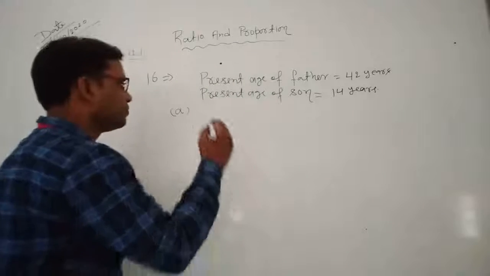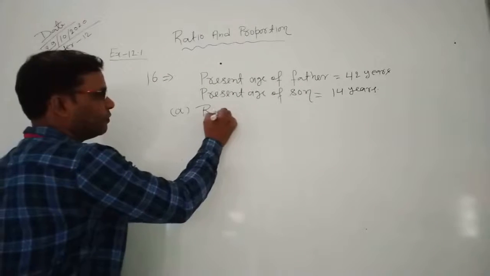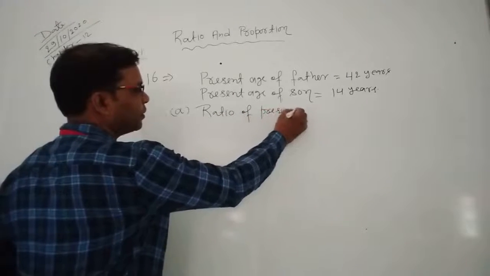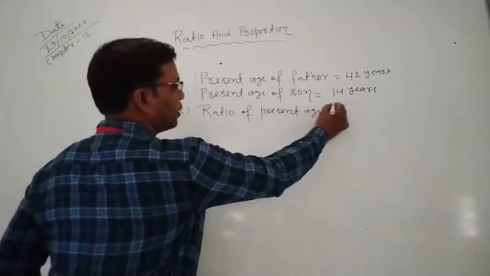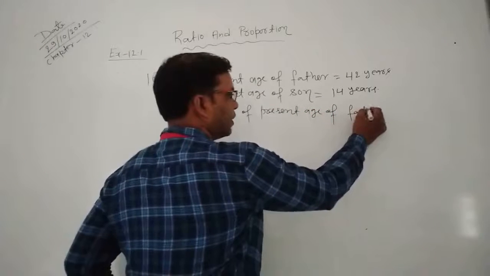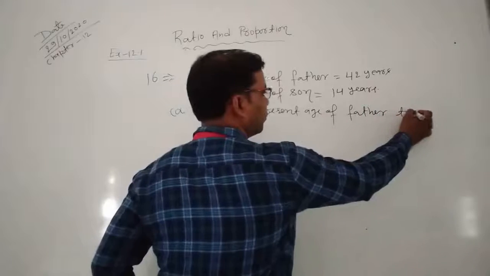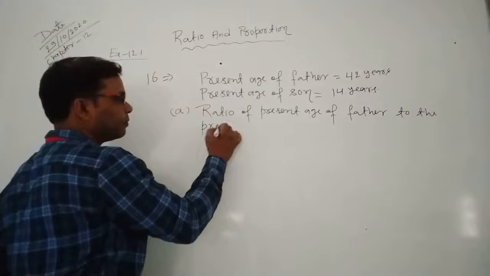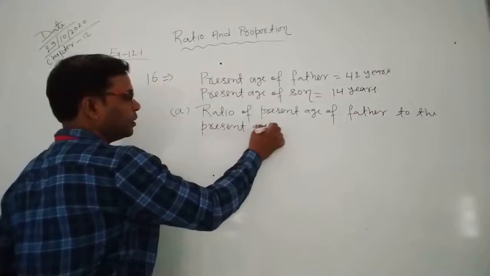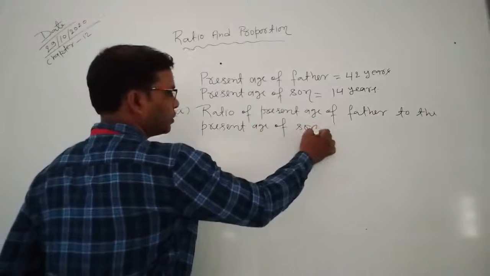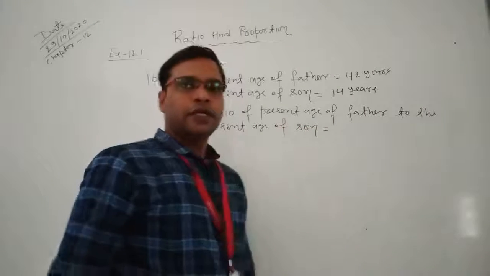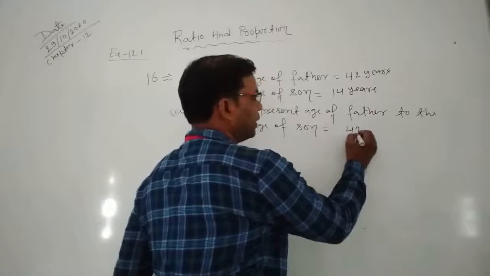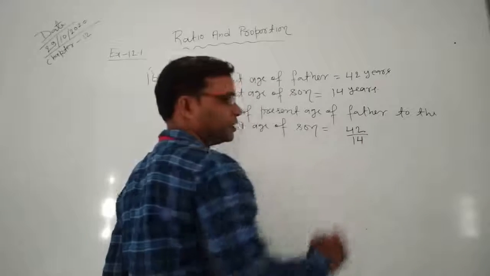So we write here a ratio of the present age of father to the present age of son. This is equal to what? The present age of father is 42 years, and the present age of son is 14 years. Clear?